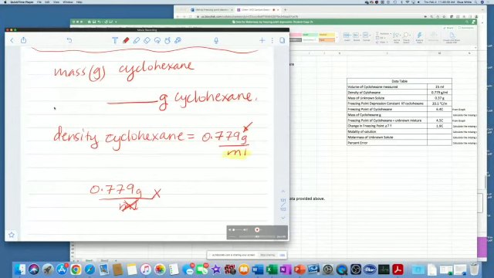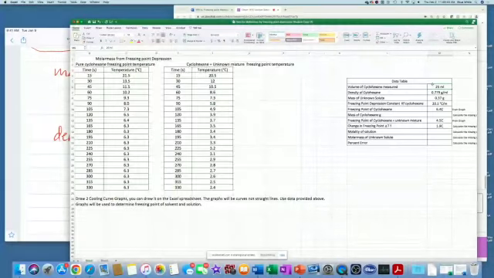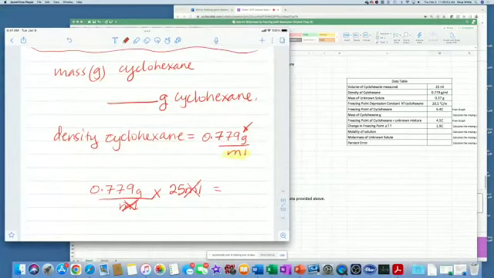So take this number, multiply by 25 milliliters, because this number here is the volume in milliliters of cyclohexane. We can use that number to multiply by this second number to get grams. That gets rid of the milliliter, and we get a number in grams. So I'm going to multiply this out.